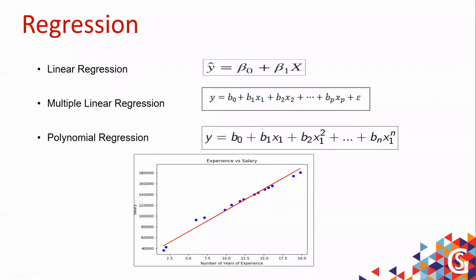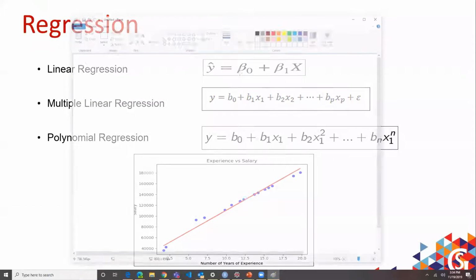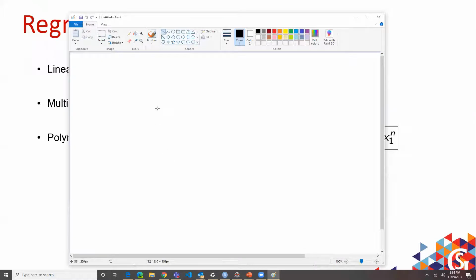Now, how did this line come, and how did the machine learning algorithm identify this as the correct line? This line is based on the R squared and the adjusted R squared. R squared is where we have the sum of the residuals. Let's say I will take MS Paint again, which I have to show you.